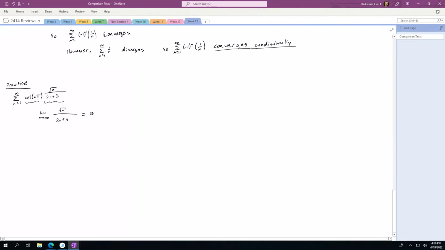There are a couple of ways to do this. First off, we could try the derivative. So if we took the derivative, well, that would be using the quotient rule.